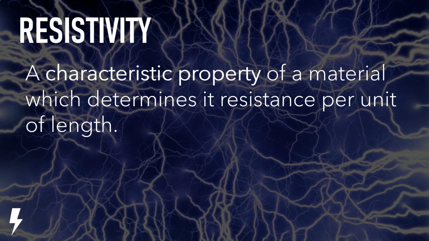If we have 3 meters and its resistance for this 3 meters is 6 ohms, then the resistivity is 6 ohms divided by 3 meters. This is just a hypothetical situation. It's not the actual resistivity of nichrome. We'll look into that later. But just for example, it measures the resistance per unit of length. So for 3 meters, nichrome has a specific resistance, and for 6 meters it has a specific resistance, but this resistivity remains constant.